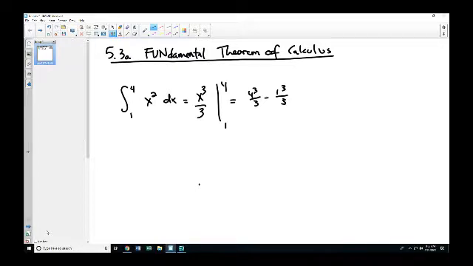Yeah. Okay, good. What we do with the fundamental theorem of calculus is we generalize that statement.